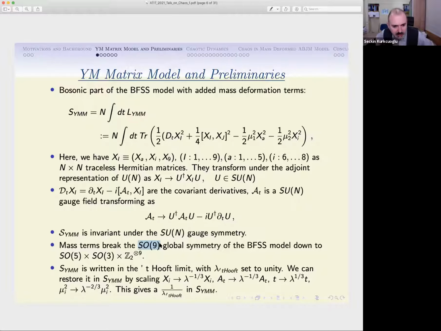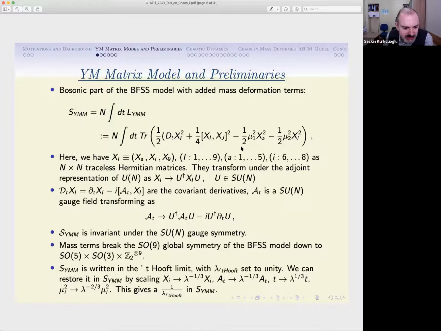That can also be shown. And the mass terms break this SO9 global symmetry to SO5 times SO3 times 9 copies of Z2.